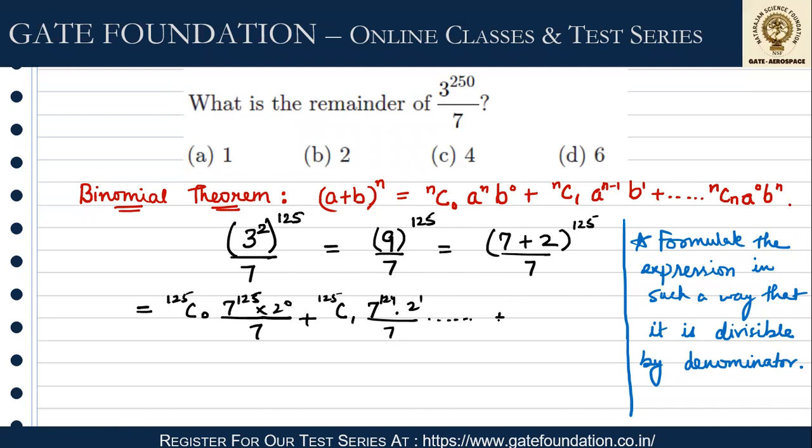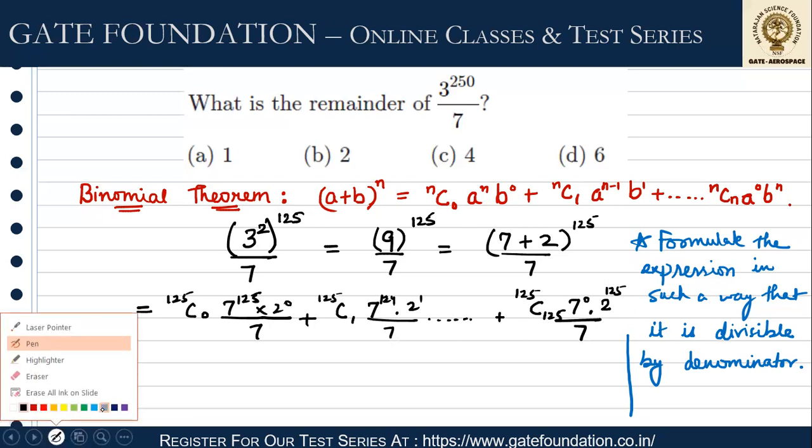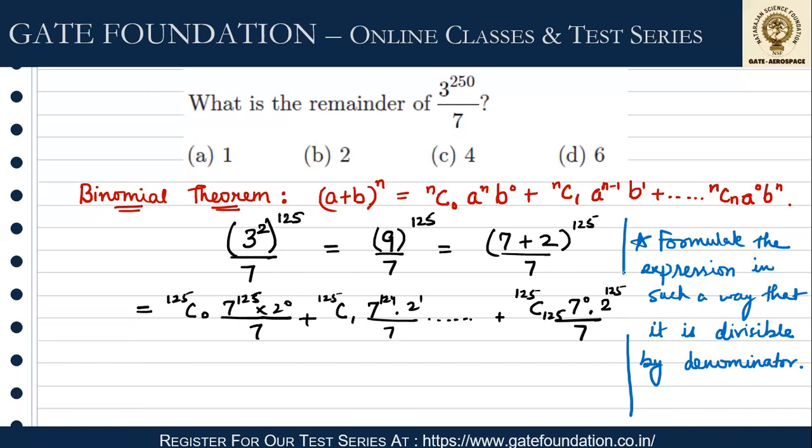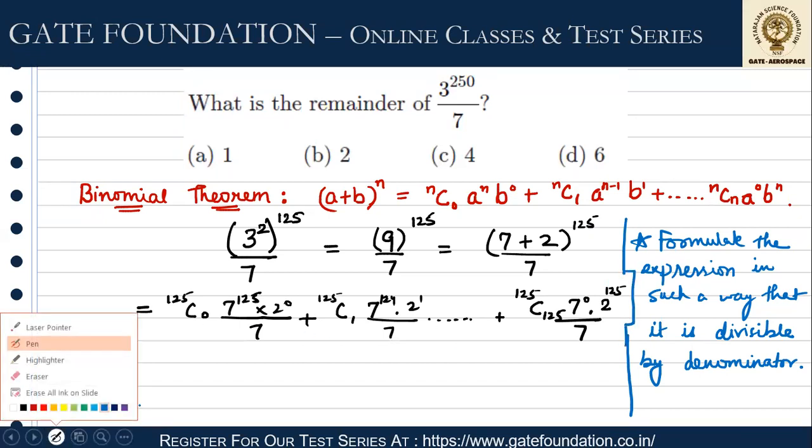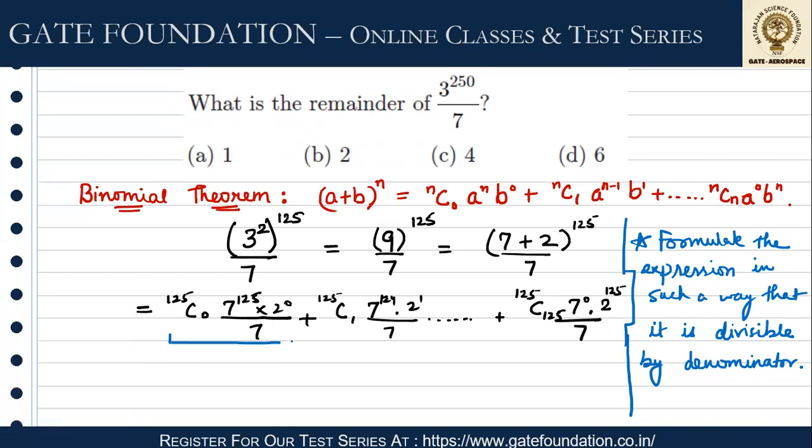It will go up to 125C125 7 raised to 0 2 raised to 125, divided by 7. Right. This is how it will get expanded. Now over here, all the rest of the terms will get divided by 7. So the first term will get divided by 7, and the remainder will be 0.